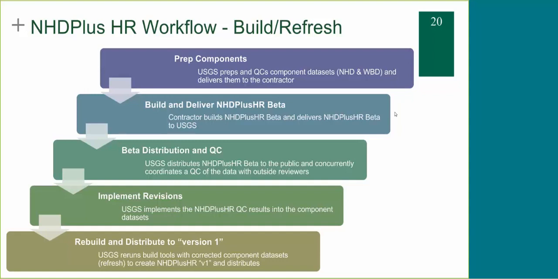And from there, that's when we'll go into our next phase, which we'll talk about near the end of the presentation, which is where we actually rebuild the NHDPlus product using those corrected component data sets to create the NHDPlus refresh version 1 and then distribute that publicly as well.